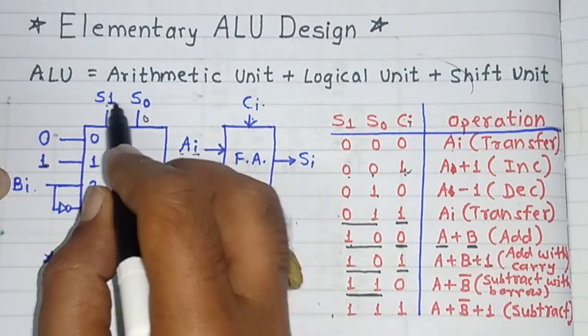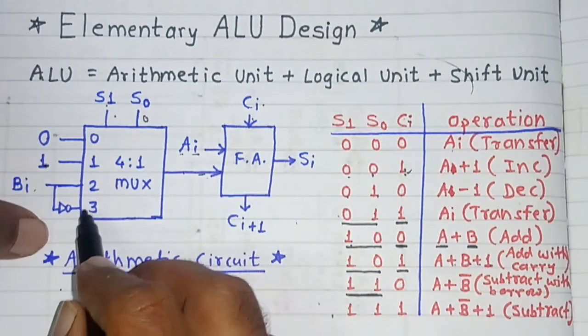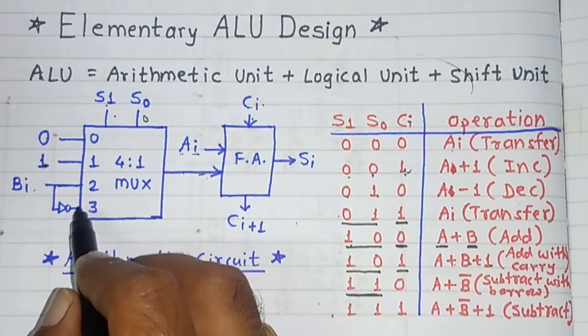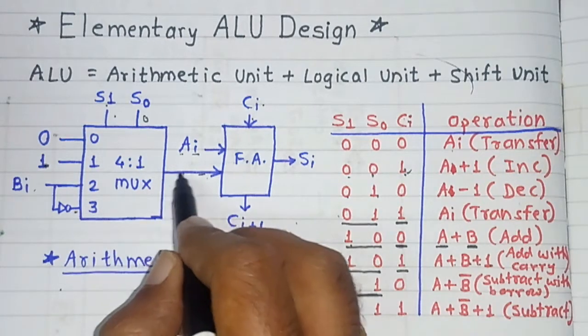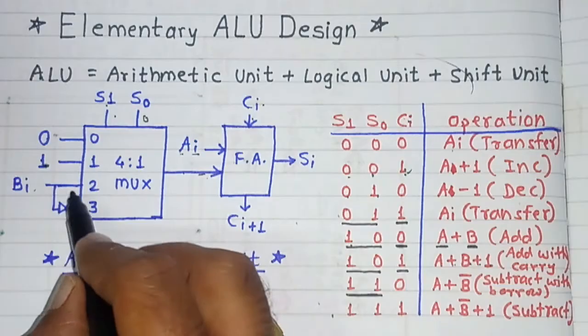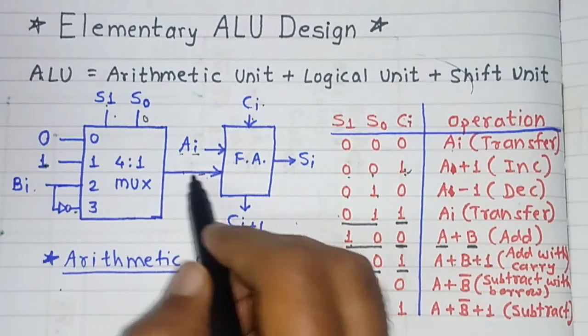If you make S1 equal to 1 and S0 equal to 1, then the value available at the fourth input of the multiplexer will be transferred at the output. So that means you are complementing this bi at the output of the multiplexer.